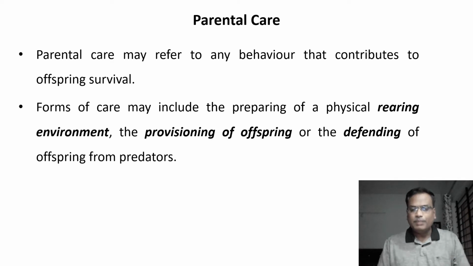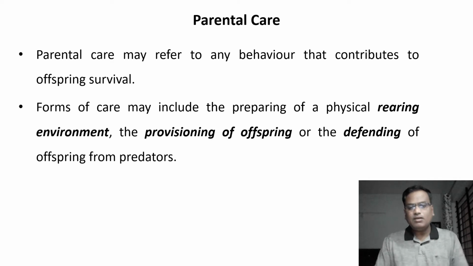For example, preparation of the environment to protect the eggs, to protect the young ones. For example, building nests. Nest building behavior is observed in some fishes, in birds, right? And of course in some other animals also, but it is more evident. Even in case of mammals, you find the parents building a place where the young ones are going to be protected, taken care of very safely. So that is the first thing.